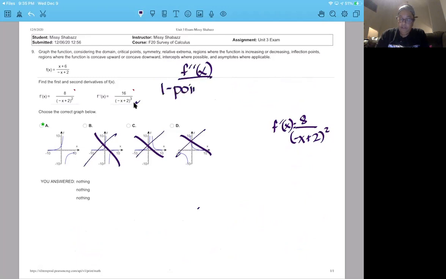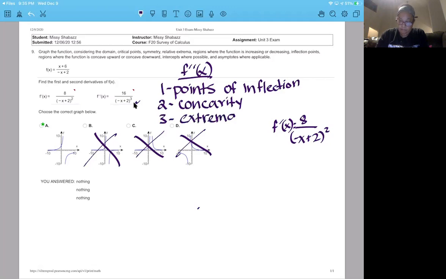Points of inflection. It can tell us concavity. And then it can also tell us extrema. All right, so let's go ahead and take the second derivative.